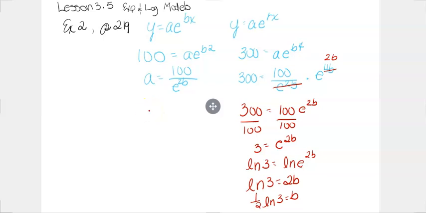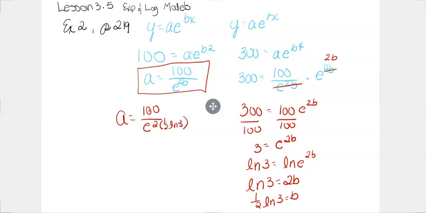I can go back and substitute that in for this equation right here, a equals 100 over e to the 2b. So I would get a equals 100 over e to the 2 times b, which is 1/2 natural log of 3.